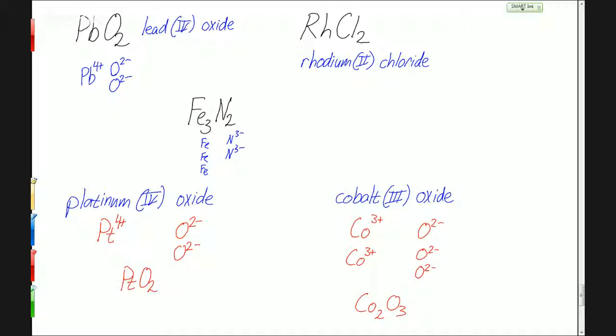So what does each of those have to be to balance out those 2 3 minuses? 2 plus. You see that? So these each have to be 2 to balance out all those 3s. And that tells us that this must be iron(II) nitride.